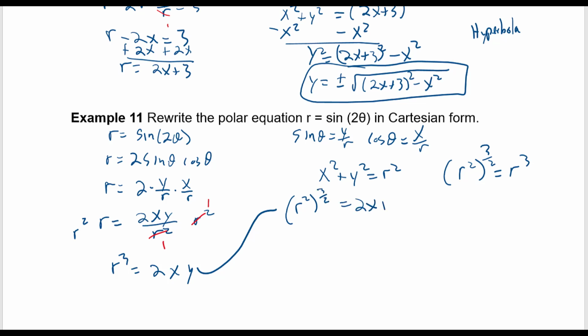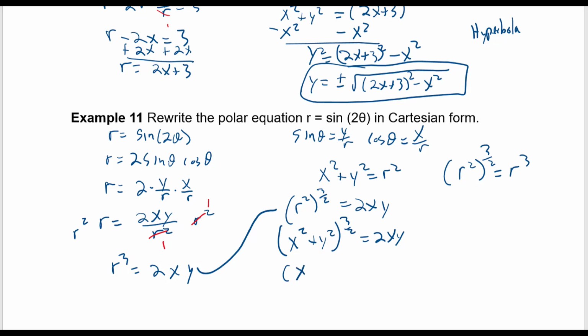equals 2xy. And what was r squared? Well, that was x squared plus y squared, to the 3 halves equals 2xy. So it doesn't clean up much better than that, but you could, I guess, take both sides to the 2/3 power.